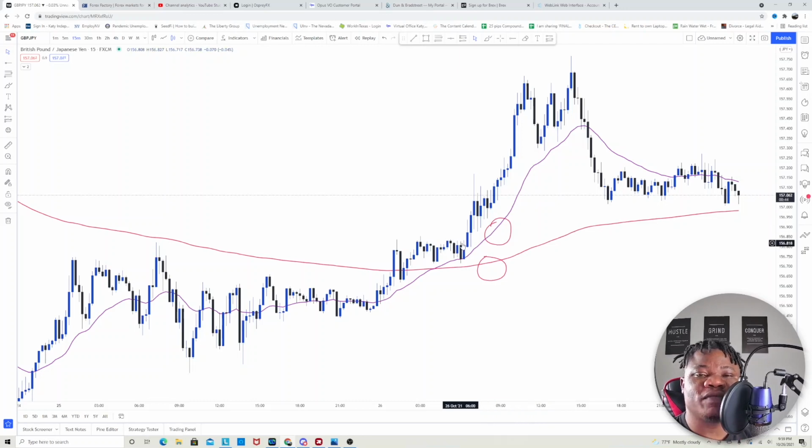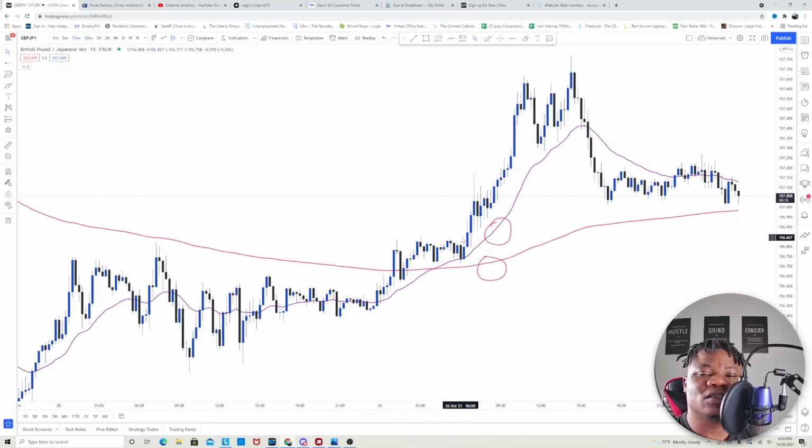Now once we have price above the 2 EMAs, what we need to wait for is a pullback. So this is going to be a pullback strategy. We need price to pull back towards the 25 EMA or the 200 EMA, but we need to make sure that price doesn't close below the 200 EMA.